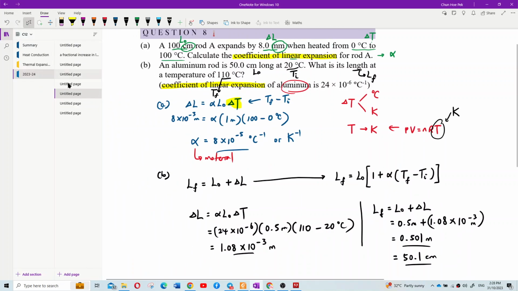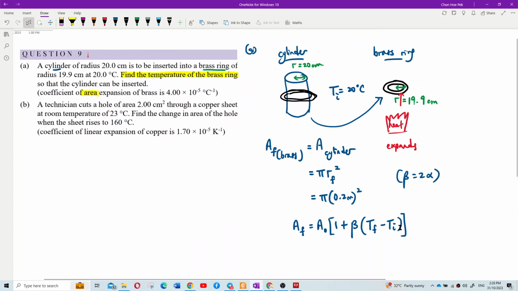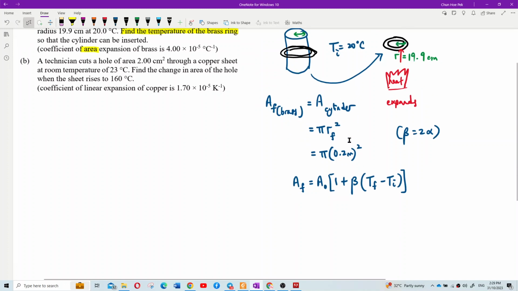See that? It's the same formula, just change to area and beta. So the final area of the brass must be equal to the area of the cylinder in order for the ring to fit the cylinder.